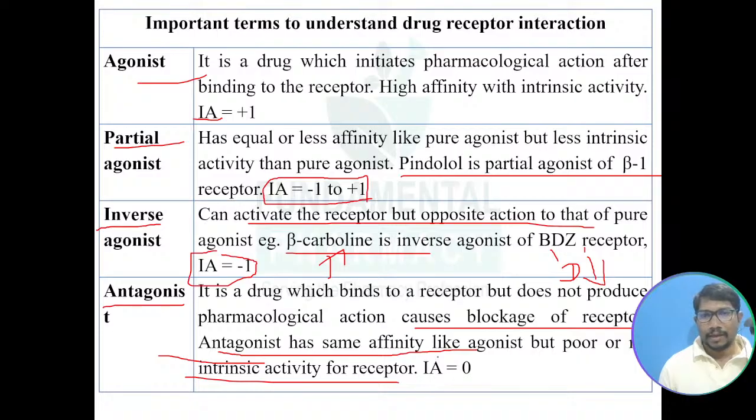That's why the intrinsic activity of an antagonist is equal to 0. So remember, the intrinsic activity of a full agonist is +1, partial agonist is between -1 to +1, inverse agonist is -1, and antagonist is equal to 0.